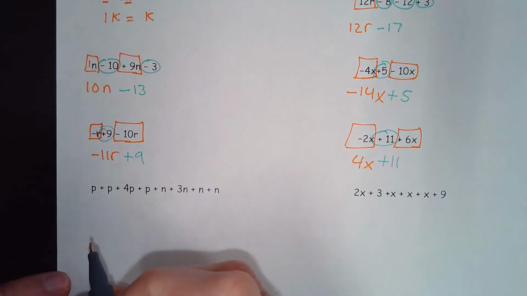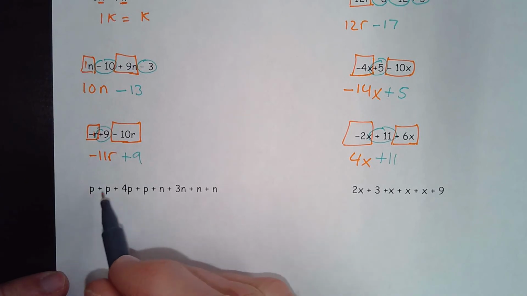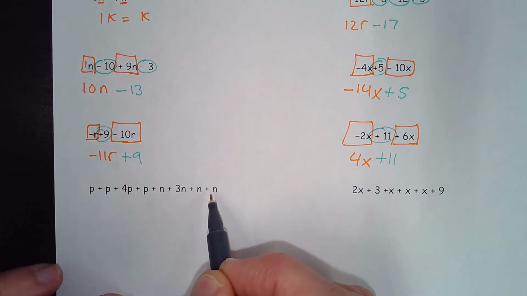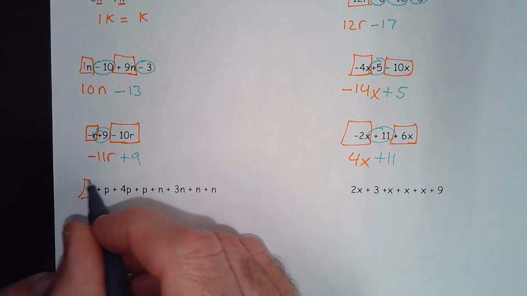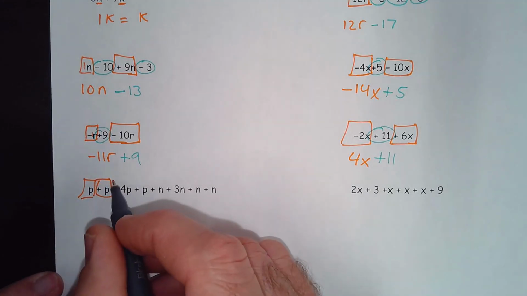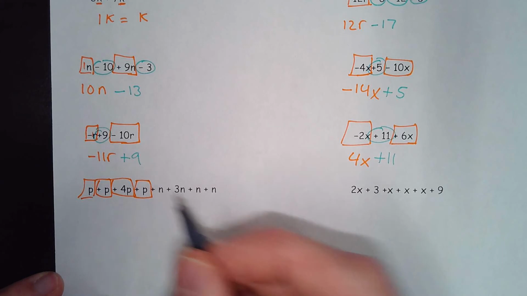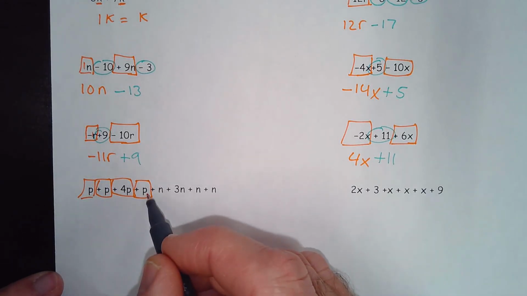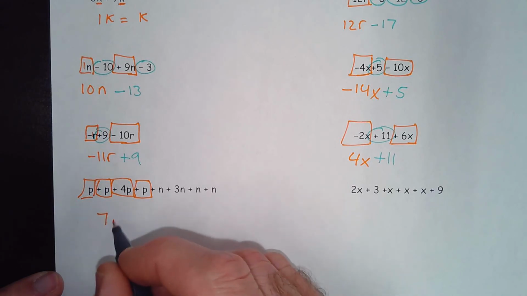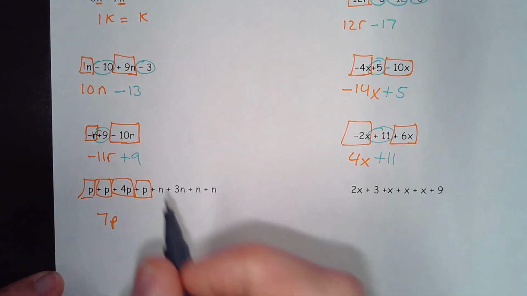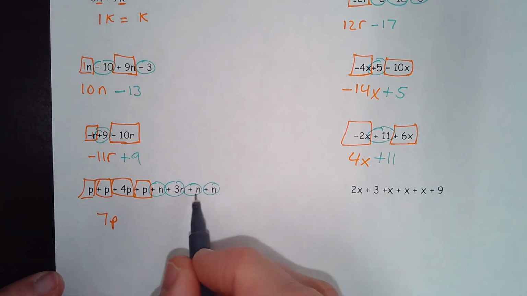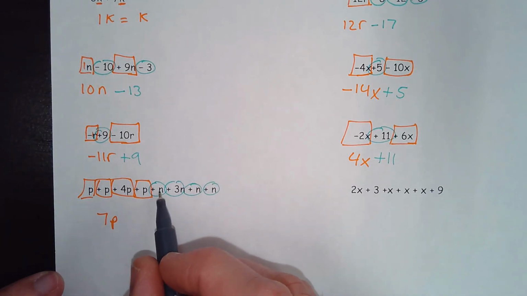All right, and then here we have a bunch of terms: 1, 2, 3, 4, 5, 6, 7, 8 different terms. But just look for the ones that are like each other. So p, positive 4p. Those are like each other. So 3 p's plus 4 is 7p, and we have 4 more terms.